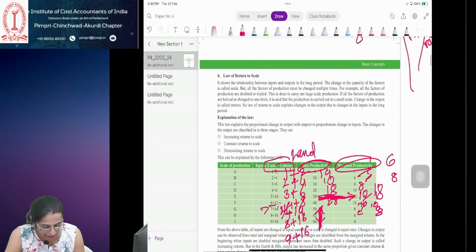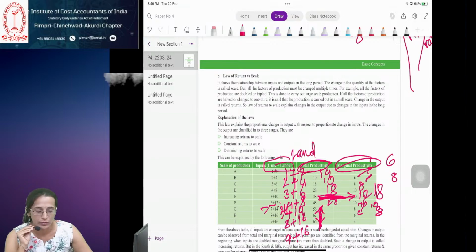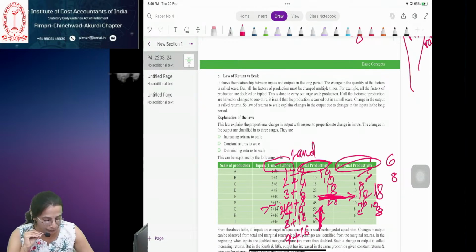So we'll see what is the law of returns to scale. It shows the relationship between inputs and outputs in the long period. What we discussed, law of variable proportion is for a short run, returns to scale is for a long run. The change in the quantity of factors of production is called scale. We discussed, right?